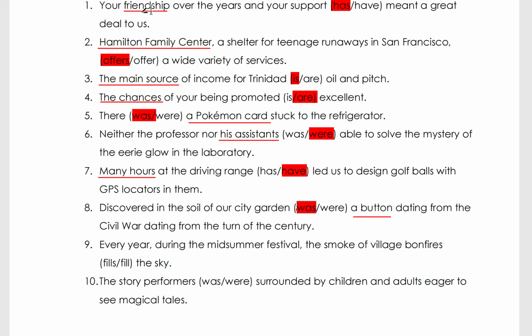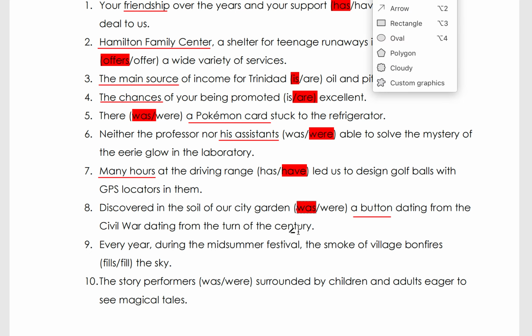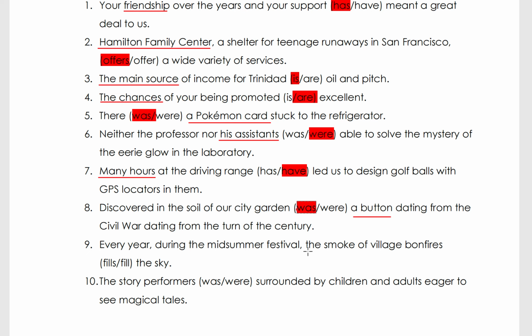So number 9, let's look at number 9 now. Every year during the Midsummer Festival, the smoke of village bonfires fills or fill the sky. Now what we need to do again is identify the subject. The subject here is "the smoke."